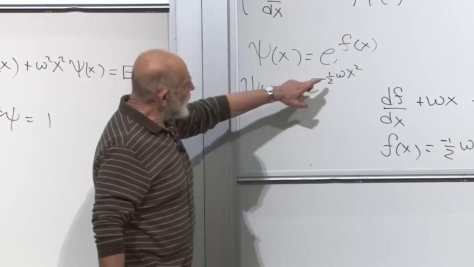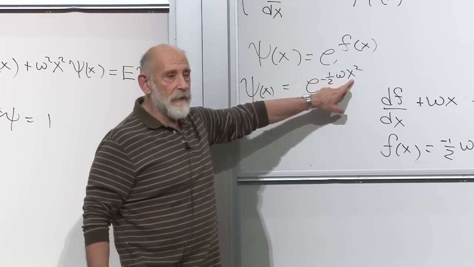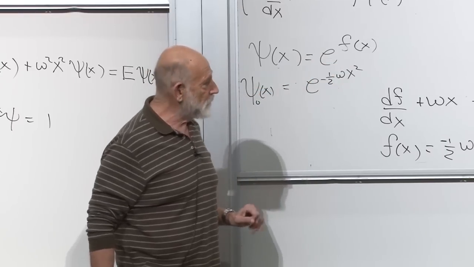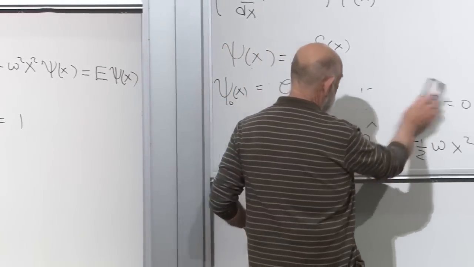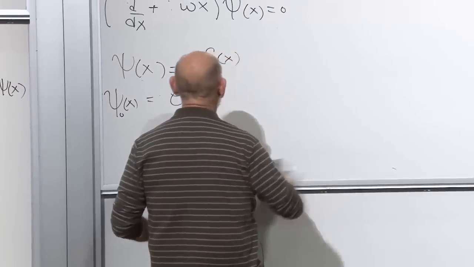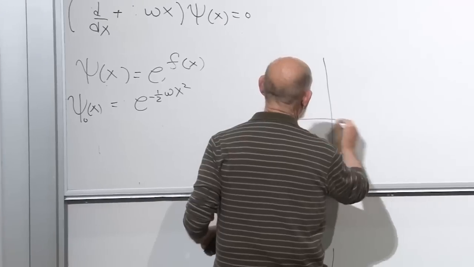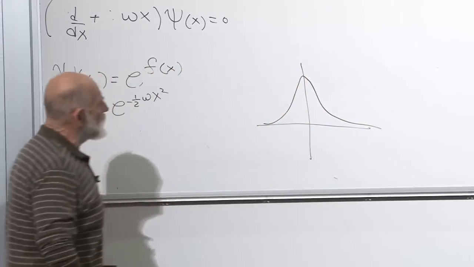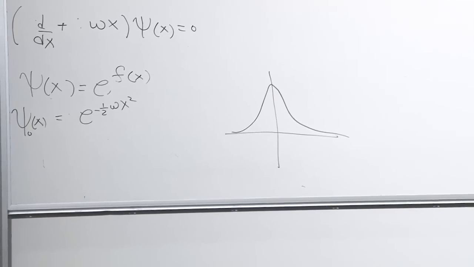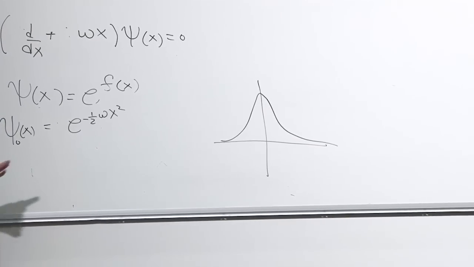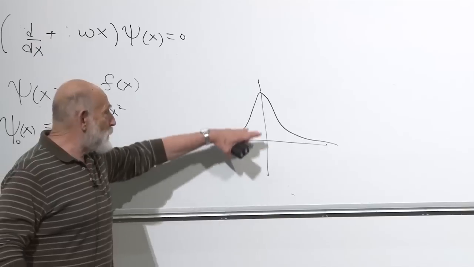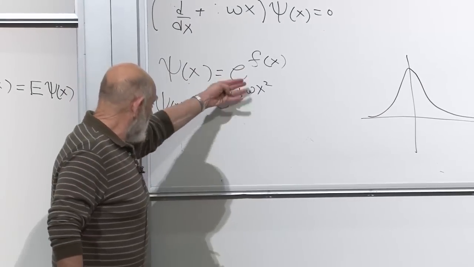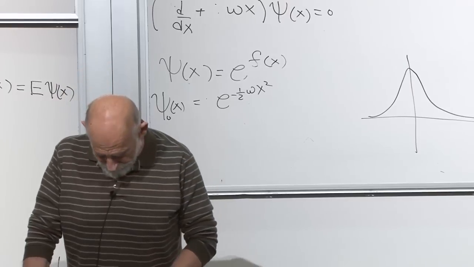And notice that it goes to 0 very, very fast with x. E to the minus x squared. It's a Gaussian, a bell-shaped curve that goes to 0 as e to the minus 1/2 omega x squared, and is very, very square integrable. If we square it and integrate it, it's extremely convergent.